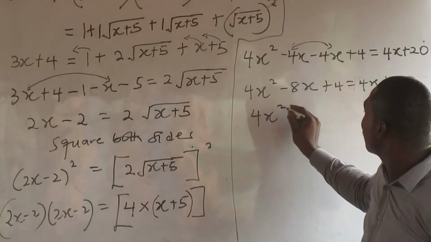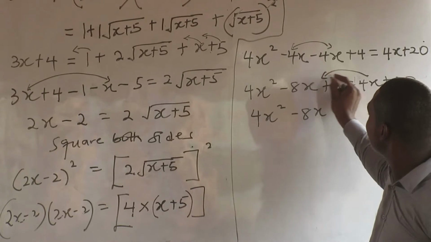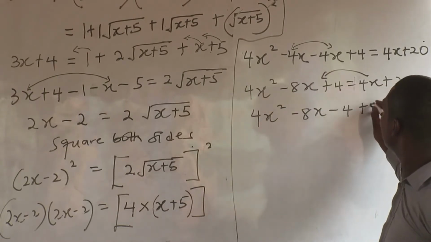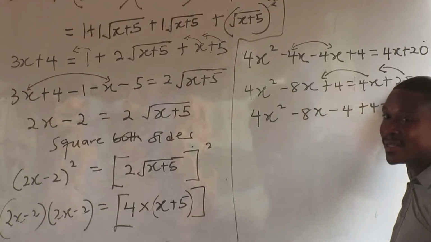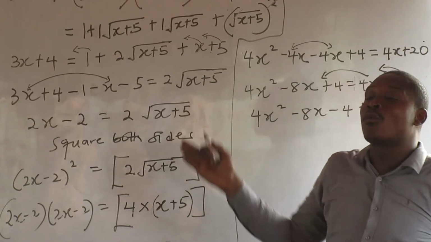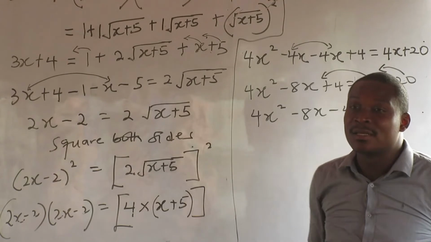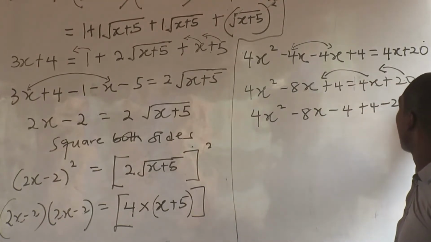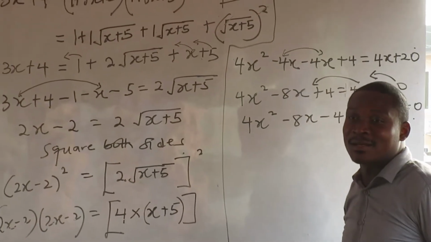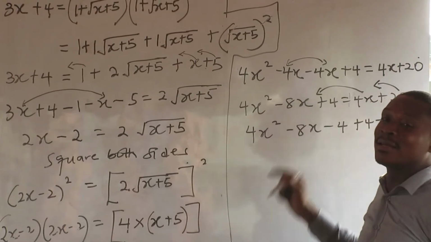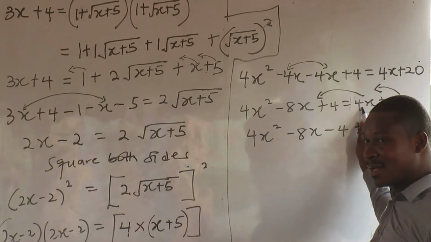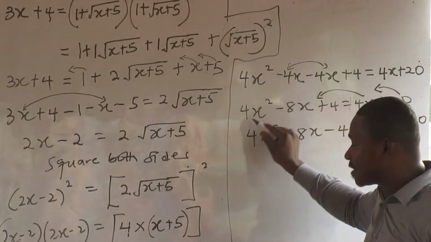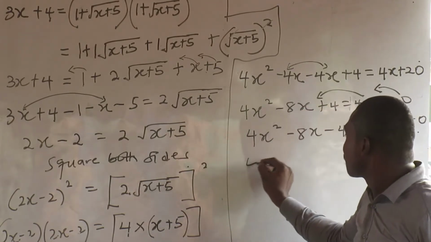Now 4x and 20 decide to leave the right and relocate to the left. They leave 0 in their position. So that is how come 0 appears in the quadratic equation. We don't force it. You see, they left here, relocated to the left, so we have 0 here.